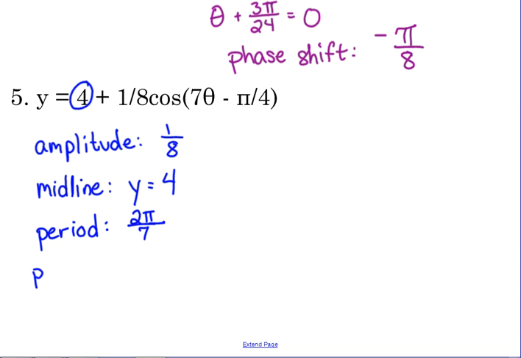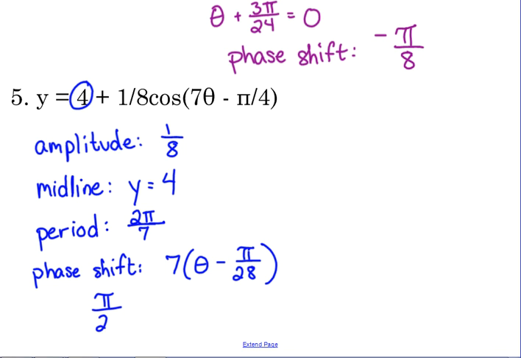Okay, and then our phase shift, we factor out the 7, or we multiply by 1 over 7. So this is going to give us 7 times theta minus pi over 28. So our phase shift is positive pi over 28.